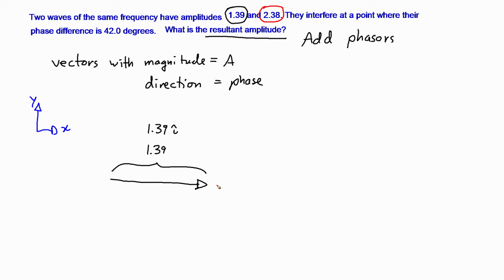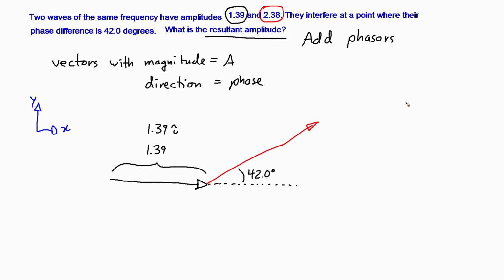Then the next wave is at an angle of 42 degrees from the first one. I'm going to continue this as a dotted line just to give me a reference. Then I will draw this up, and it's longer, so I'll try to represent that. This angle inside is the 42 degrees.